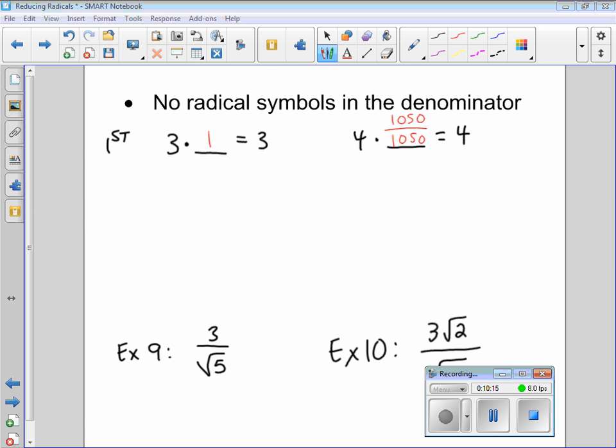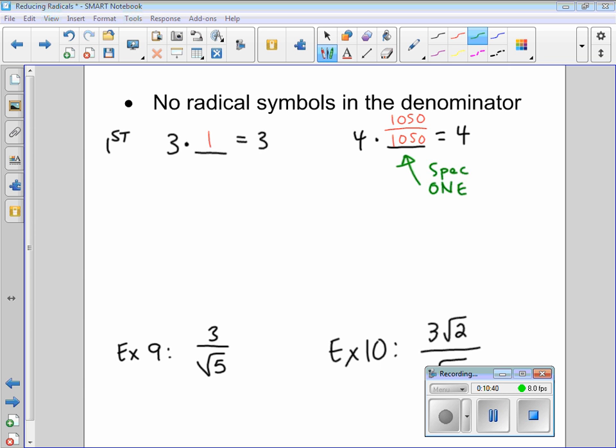I bet you none of you thought of that number, but that really is the number 1. Does everybody agree with that? That 1050 divided by 1050 is the number 1. And the reason I say that 4 times that is still 4 is that 4 times any type of 1 stays the same. This is what I call my special 1.